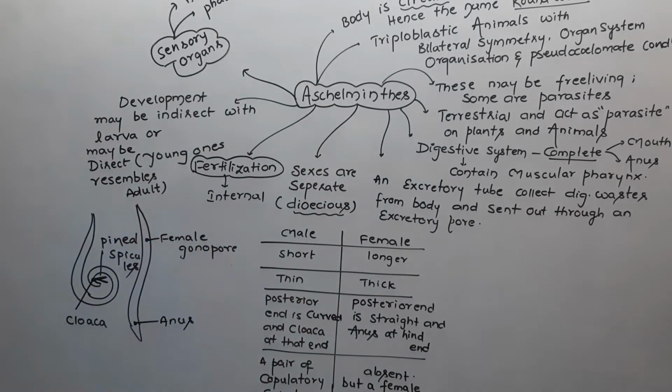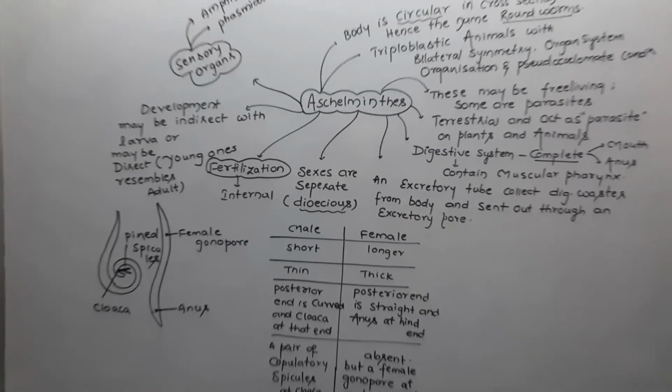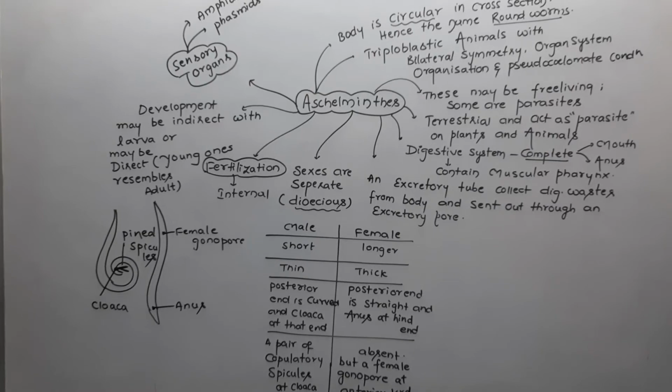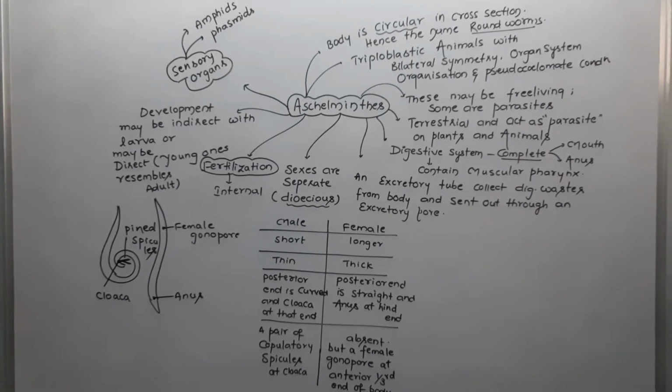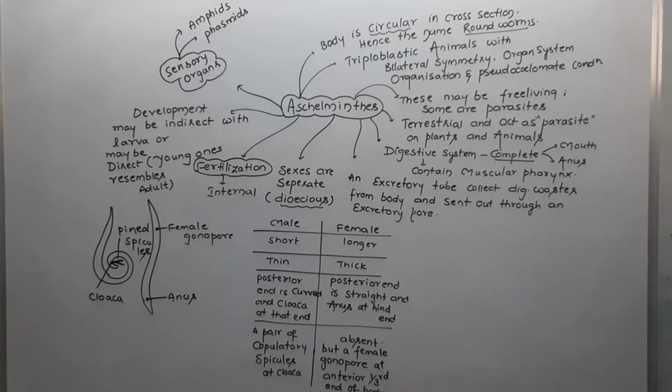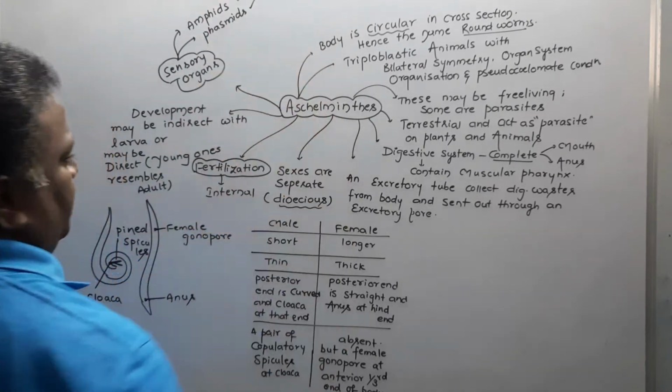So anterior amphids and posterior phasmids are present. Sensory organs include both amphids and phasmids.